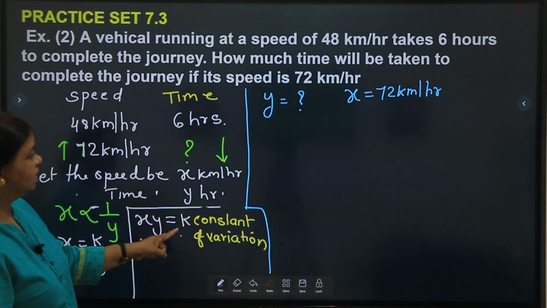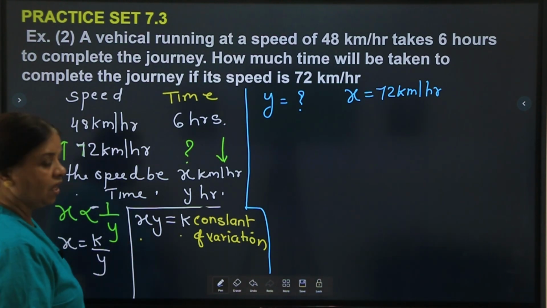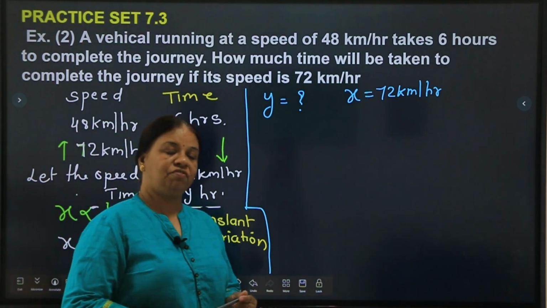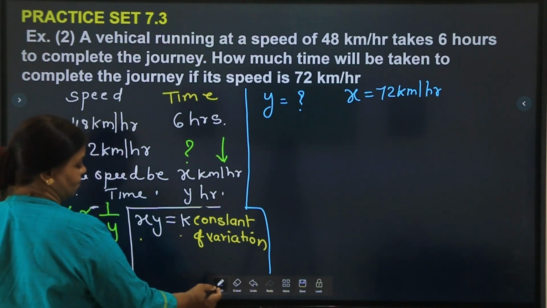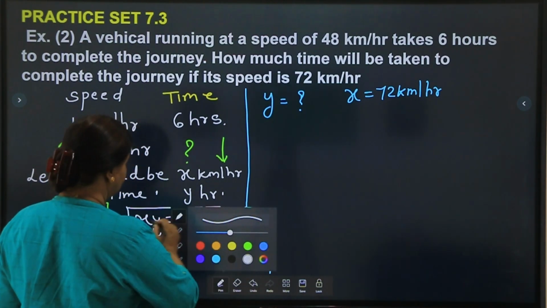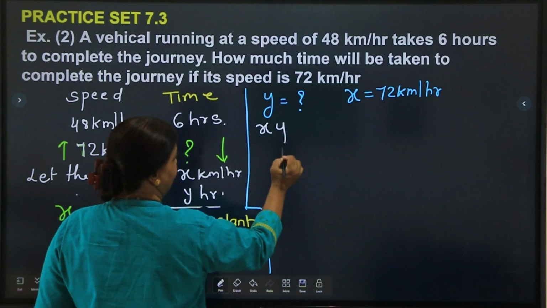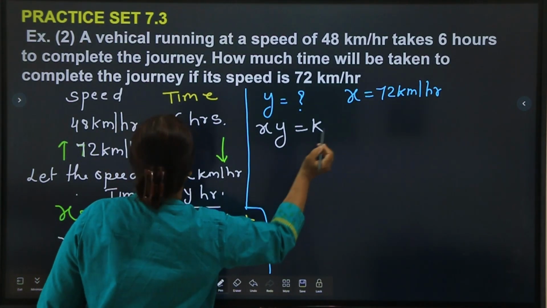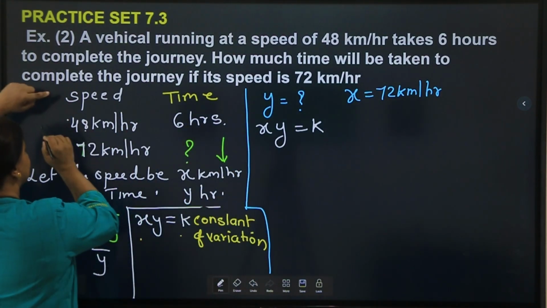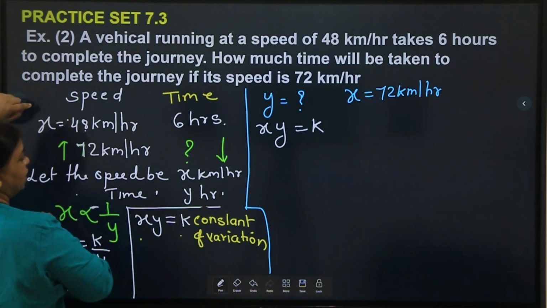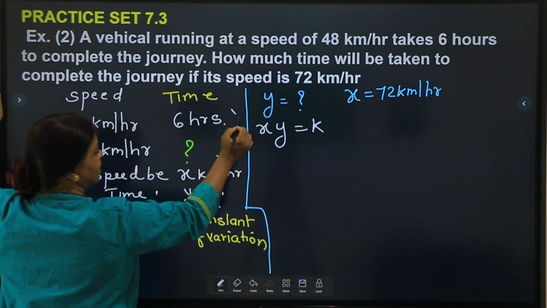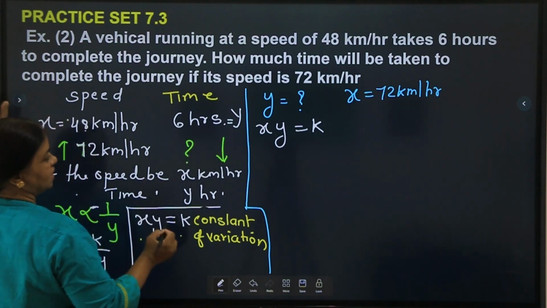We will be finding the value of k to get the equation of variation. Let us first place the value. Equation of variation is xy is equal to k, and we know x is here 48 km per hour and y is here 6 hours.